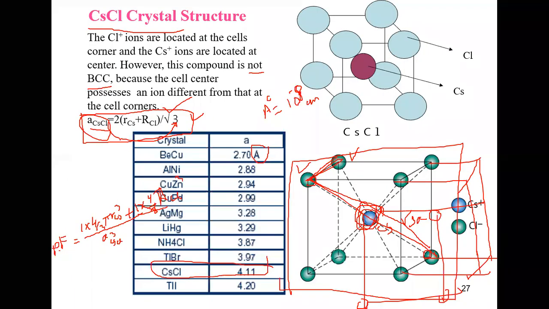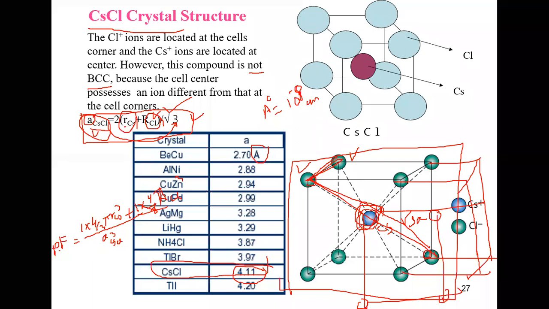In this expression, you have three unknowns: a CsCl, RCs, and RCl. You know the value of a, and you know the value of RCl, so among these three, you know two.